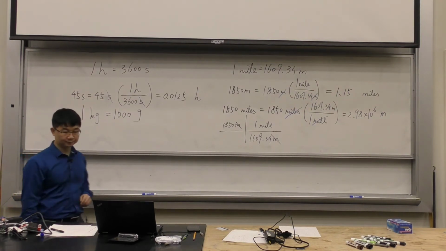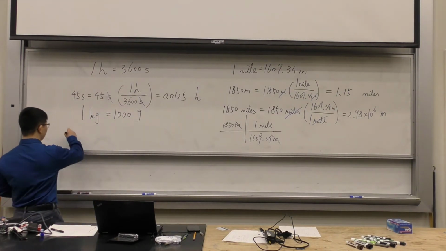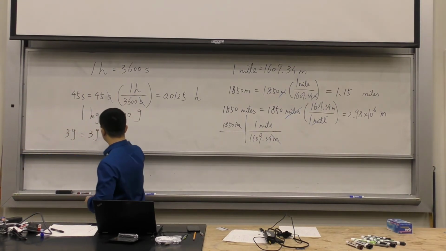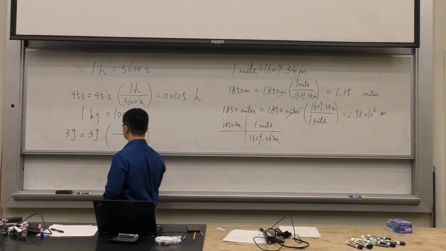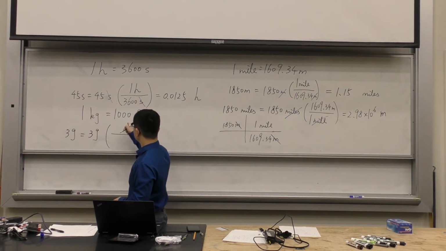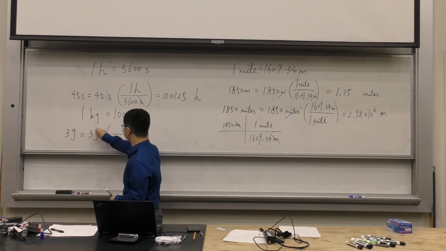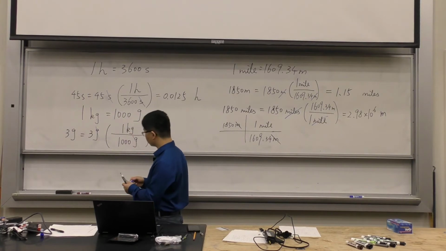Again, now you can pause the video and do the math and see if we get the same answer. Now 3 grams, write it down, and then now I'm going to write a fraction, put these two guys in the right places. I want to cancel grams, so I would put 1,000 grams at the bottom. Now 1 kilogram goes to the top and becomes the numerator. Now I can cancel grams, and then kilograms is left.